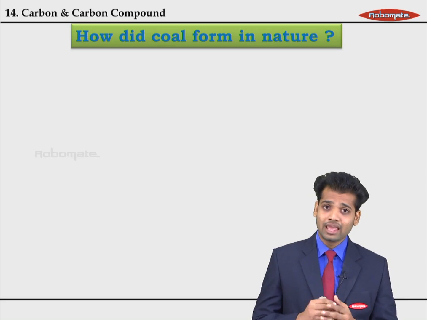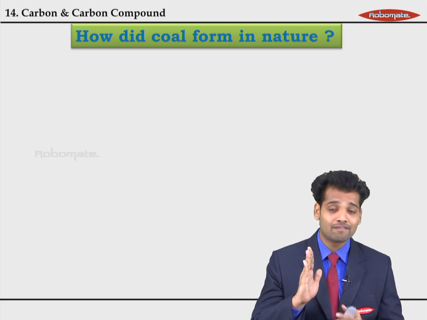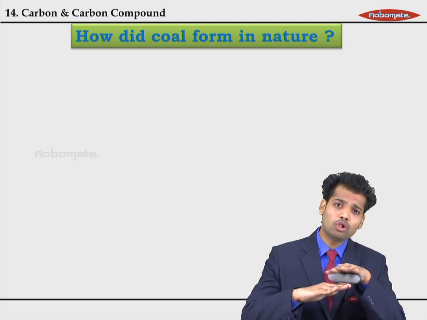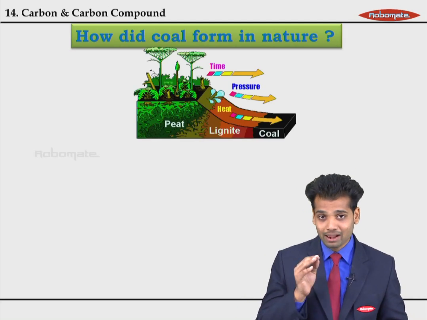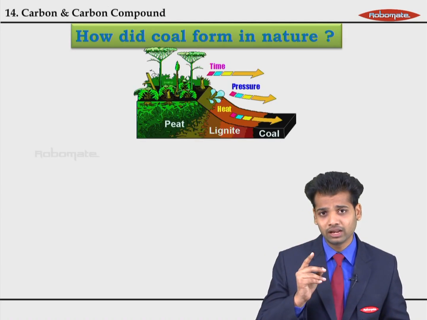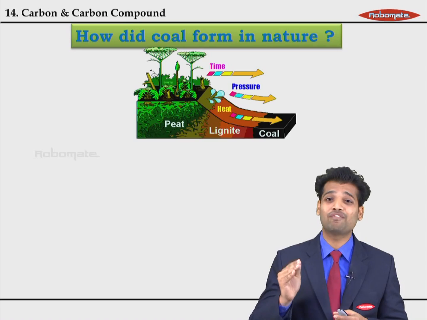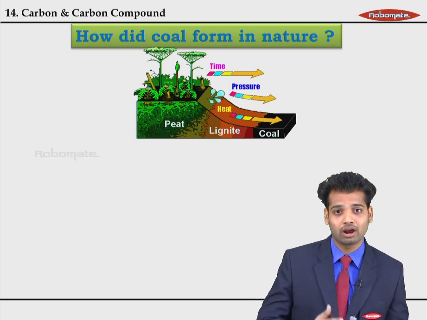Like for example, if there is a tree on the earth's surface, when there are floods, the tree will fall and there will be a lot of mud which will cover up the tree. With the help of this diagram, we'll try to understand what happened to these trees. These trees, with the help of a lot of floods and natural calamities, went under the ground.